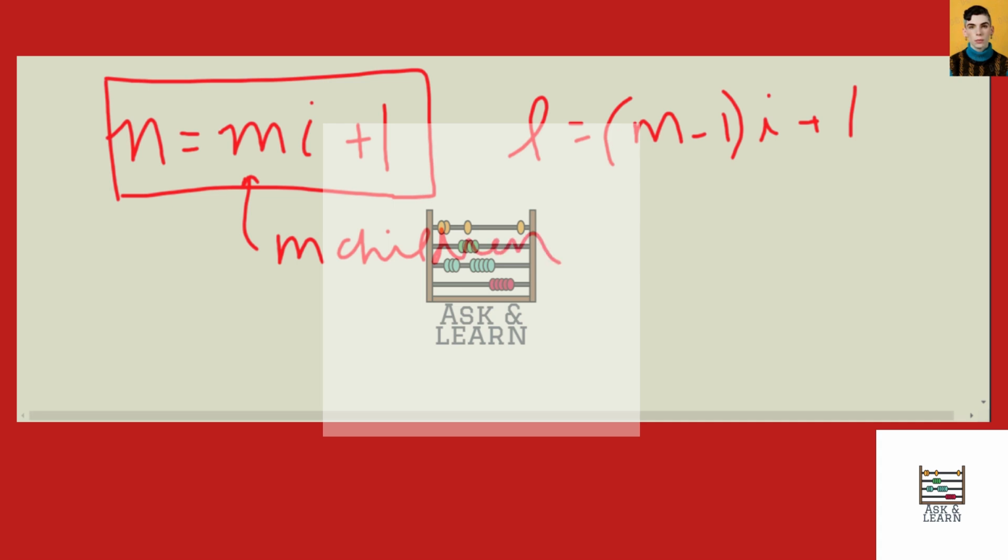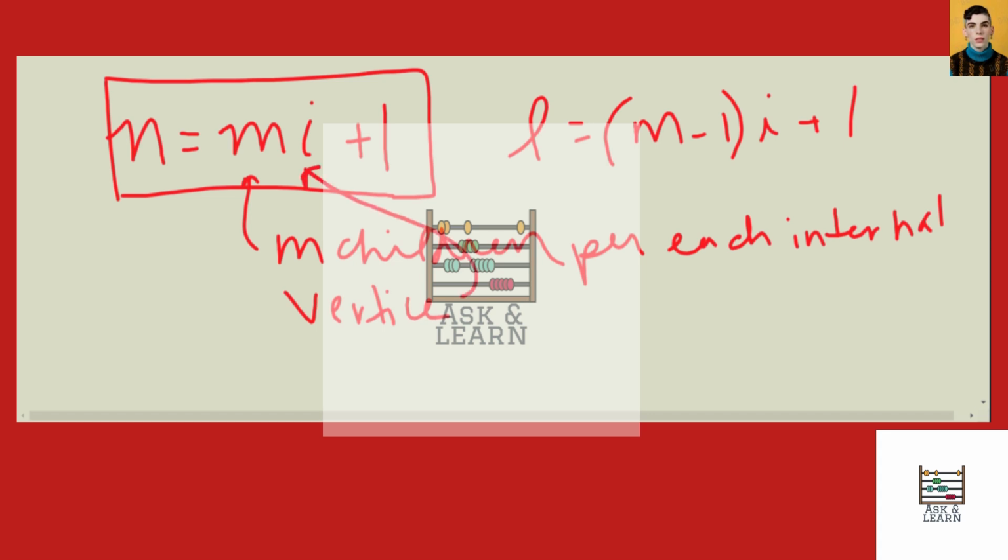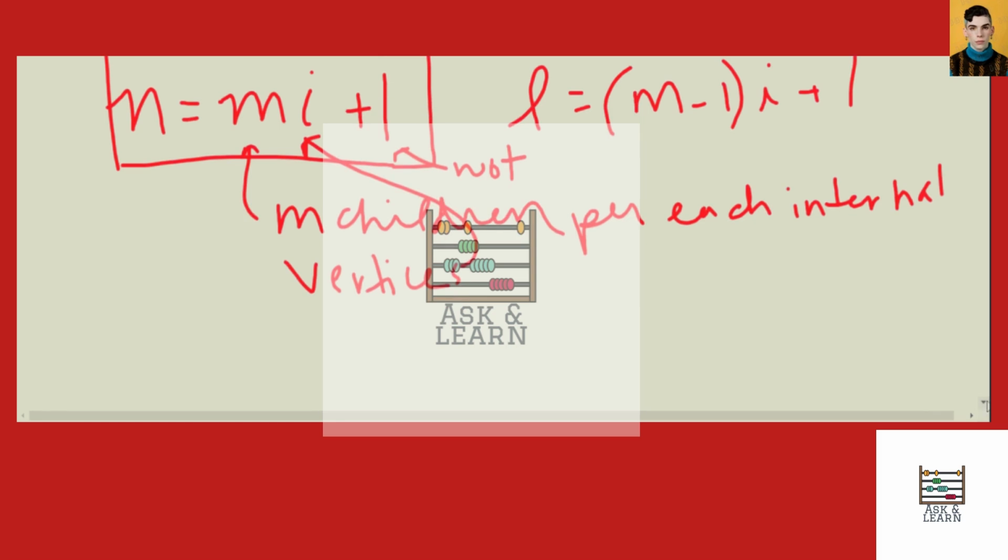So we have m children per each internal vertex. Okay, and then we have plus our root. So that one naturally proves itself.